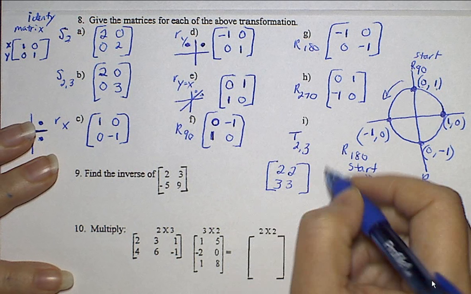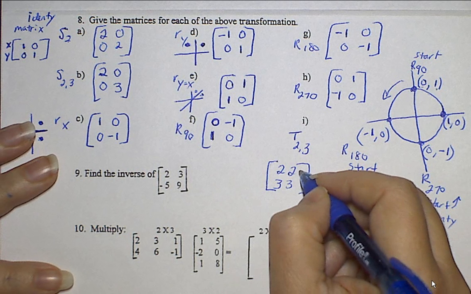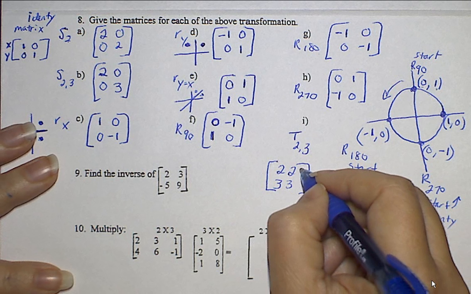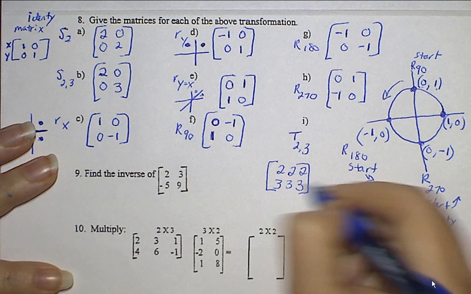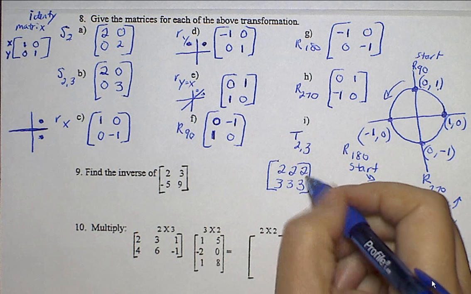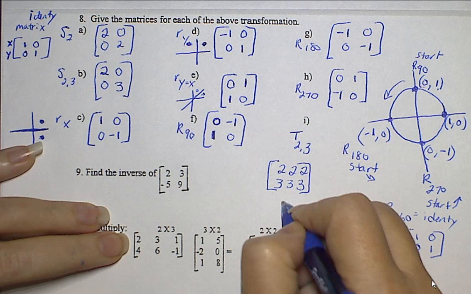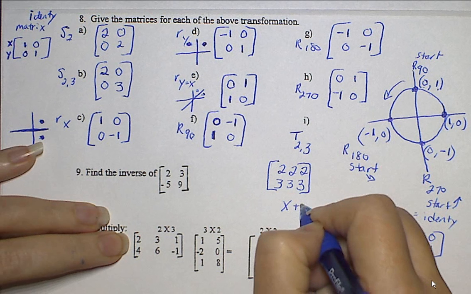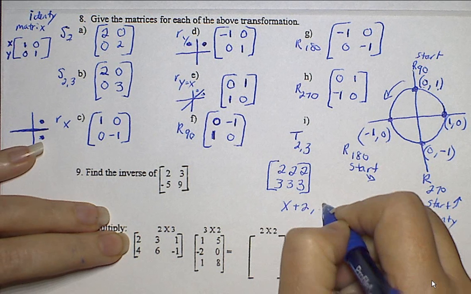Now if you had a third point, it would be 2 and 3, because when you add matrices, remember you need the same amount. If you wanted to, you can also remember that it is x plus 2 and then y plus 3.